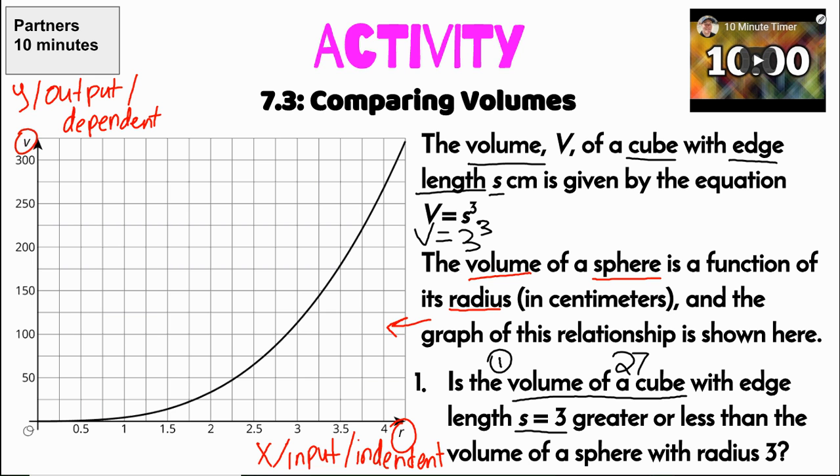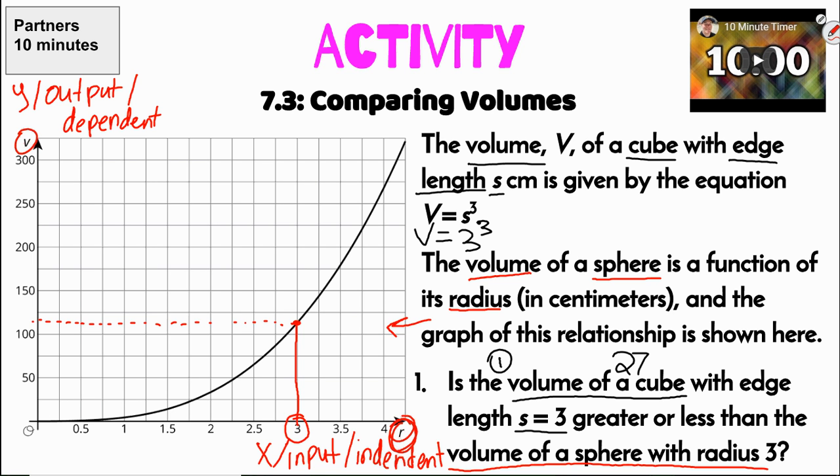So the next thing we need to do is find out what is the volume of a sphere when the radius is 3. So we're going to go over to our graph, and we're going to look at the input of 3. When the radius is 3, the volume is, and it looks like we're going to have to estimate a little bit.